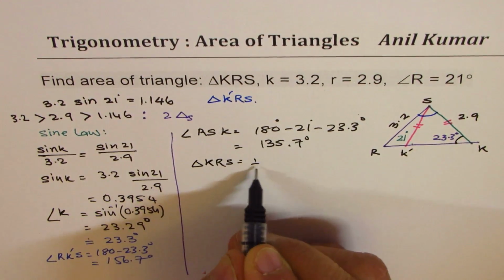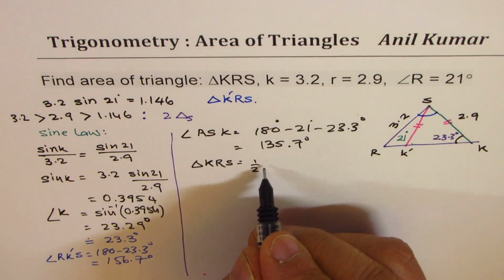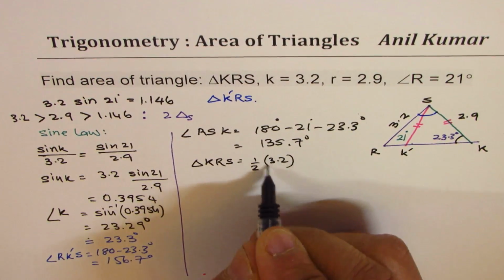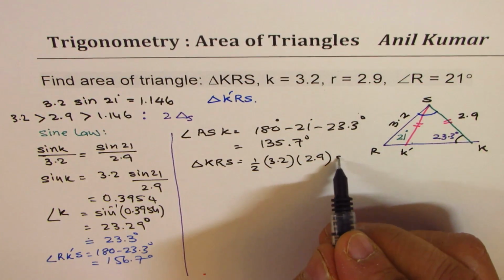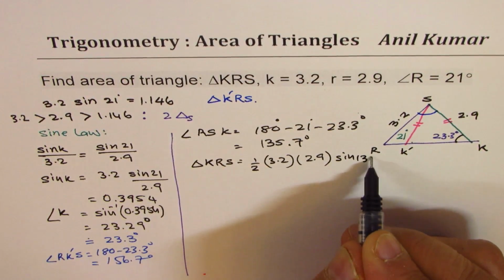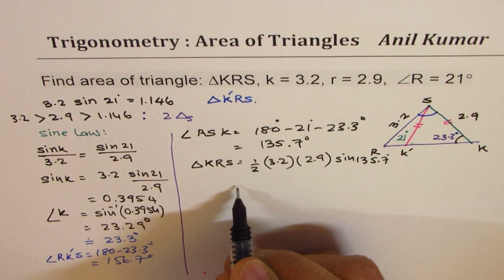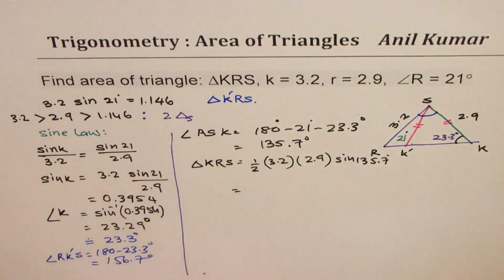Now the area of triangle KRS is half the product of these two sides, which is 3.2 times 2.9 times sine of angle S, which is sine of 135.7 degrees. So let's calculate this.